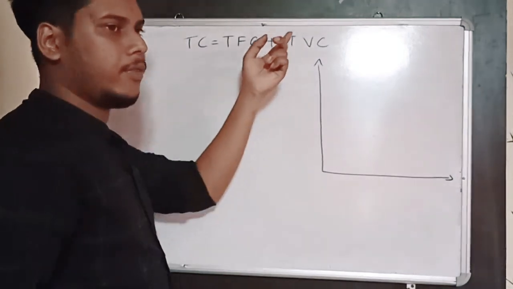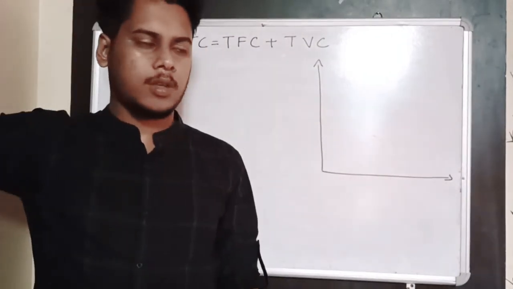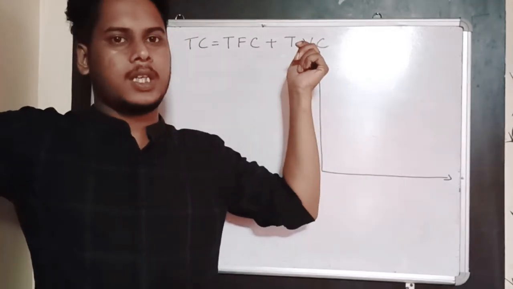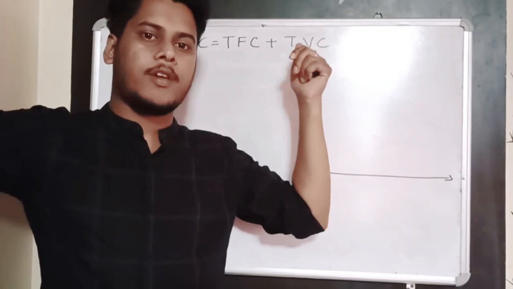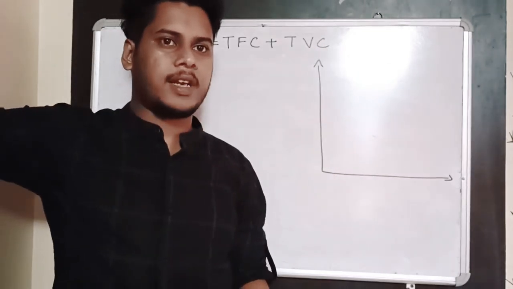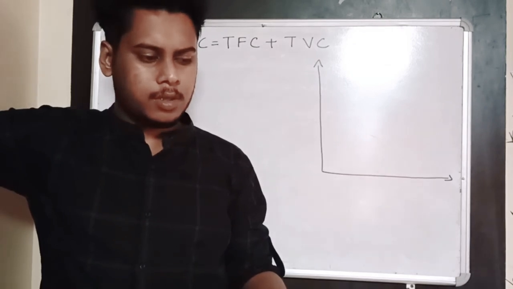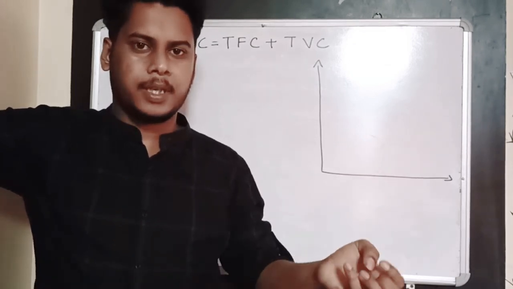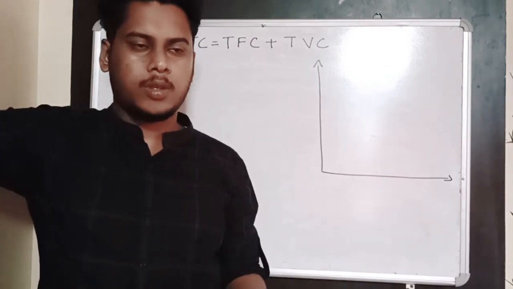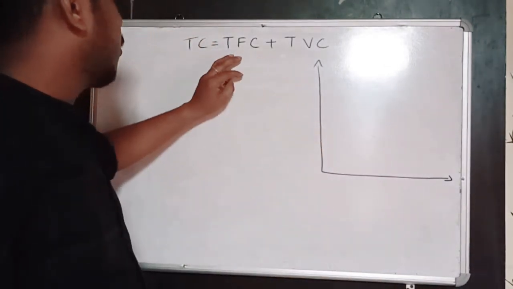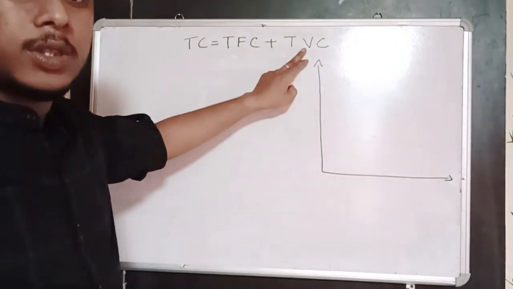I hope the concept of total variable cost is clear to you all. It is nothing but change in the cost due to change in the variable factors. Now variable factors can be labor, can be capital, depending upon what resources you are using. So fixed cost does not change with output, whereas the variable cost does change with output.